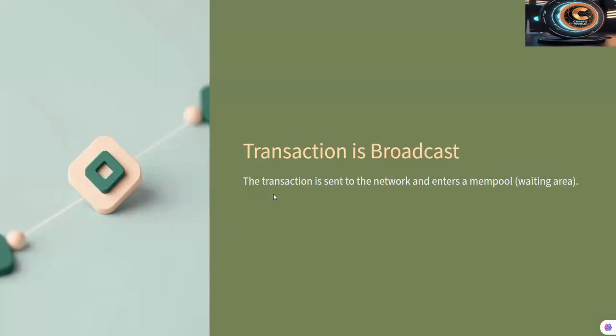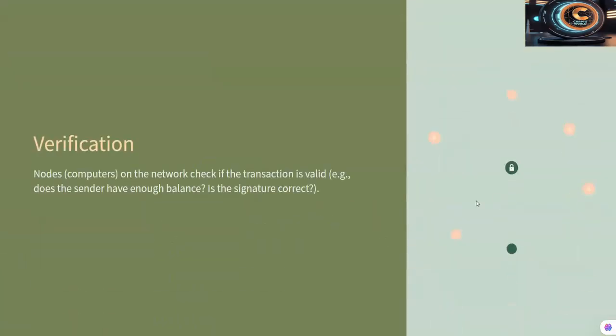If we are going to do a transaction in it, it is secured in the network and sent to the waiting area. Verification nodes, computers on the network, check if the transaction is valid. For example, does the sender have enough balance? Is the signature correct?